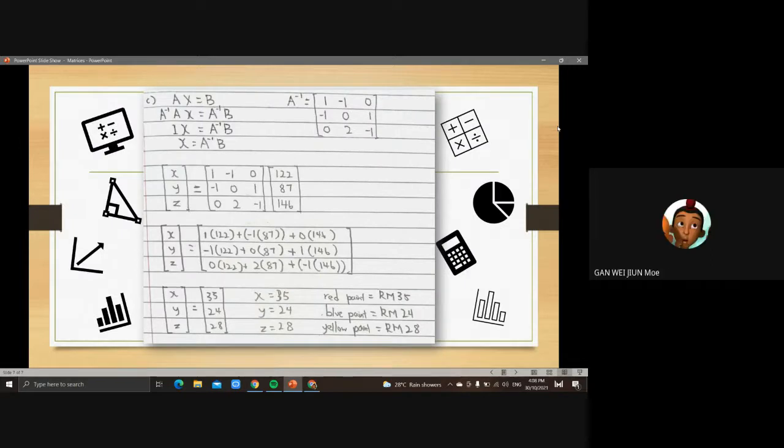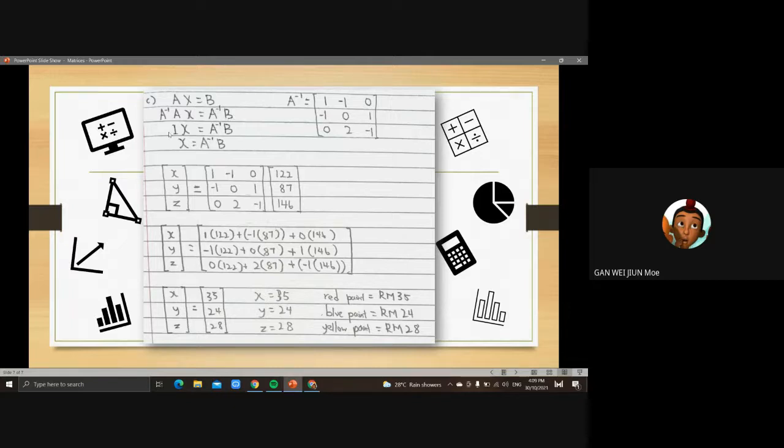So, question C. We need to find the values of x, y, z by using the inverse matrix obtained from question B. We can find the unknowns by using the formula AX equals B. We multiply the inverse matrix of A on the left side of A, and on the left side of B too.